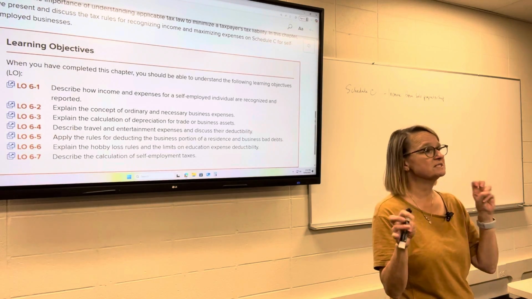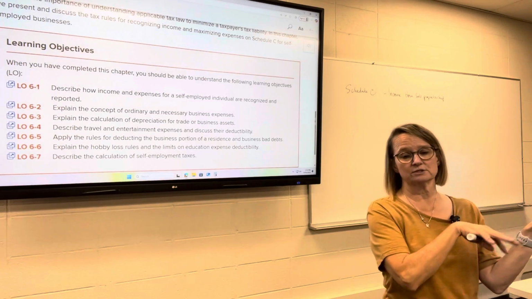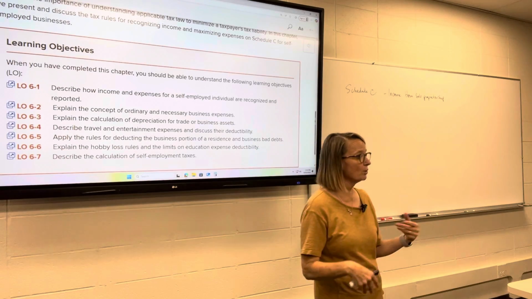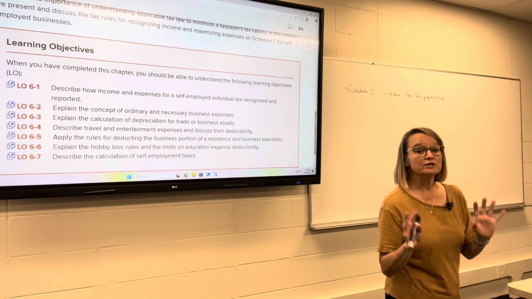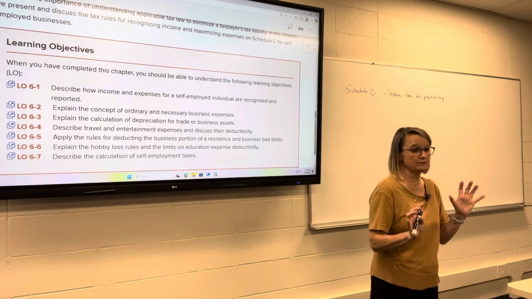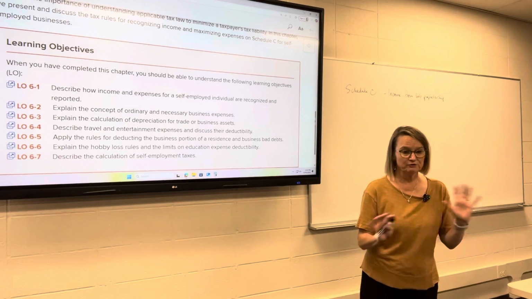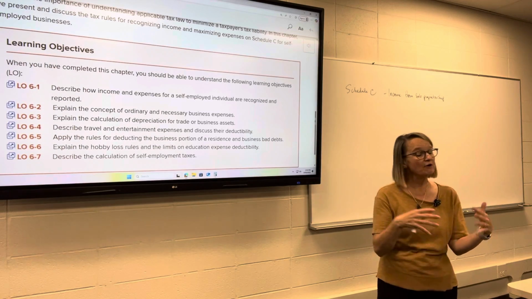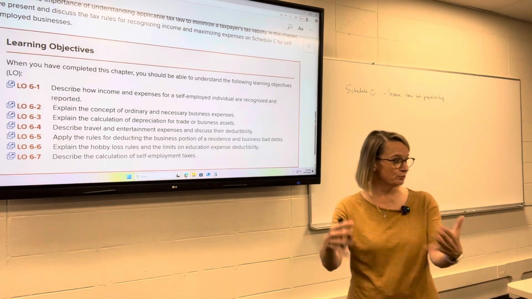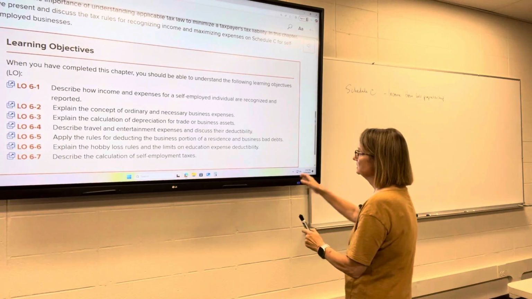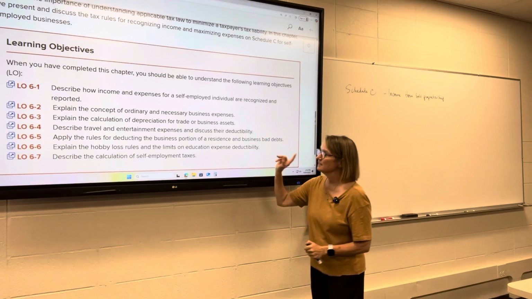That was one of those miscellaneous itemized deductions that I just talked about that was taken away. But if you are self-employed and you work at home, then you can deduct some of those expenses that would be otherwise personal expenses if you were just using the home for your own personal purposes. Now, if you're using it for business, you can treat that portion like it's a business expense. So we're going to talk about how we do that.